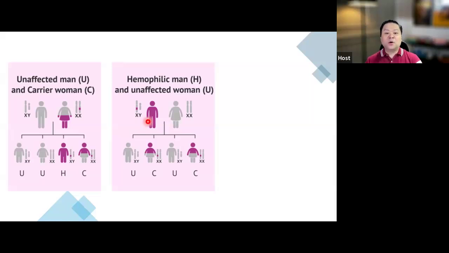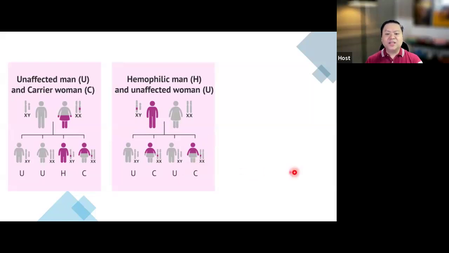The daughters also inherit a normal X chromosome from their mother, and so in this scenario, the daughters will become carriers of hemophilia, but typically will not exhibit the symptoms of the disorder. So check again here. The daughters will only be carriers. They're not going to manifest hemophilia.